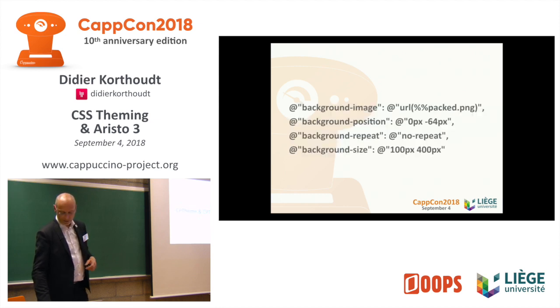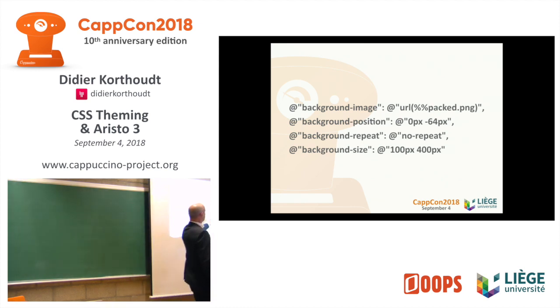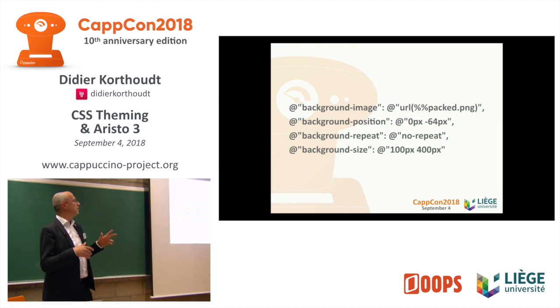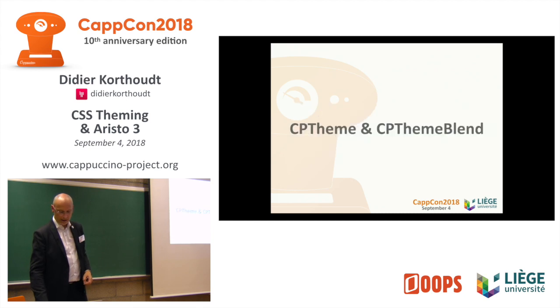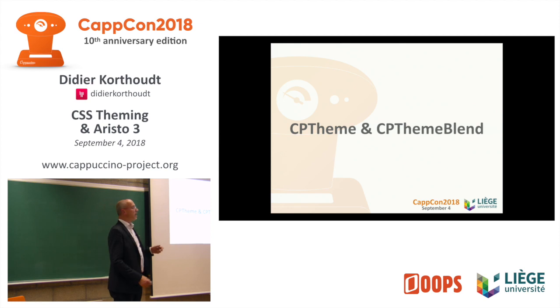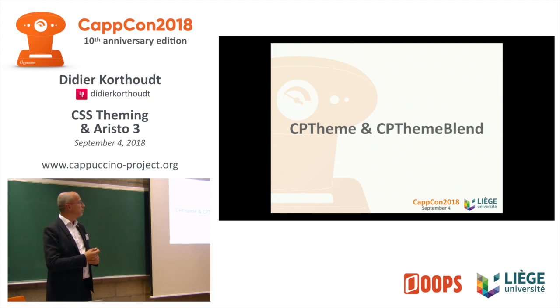And during theme loading, in fact, special characters will be translated into the path to the resource folder of the loaded theme blend. Then, of course, CPTheme and CPThemeBlend had to be modified to load and cope with CSS themes, but these are very simple adaptations.